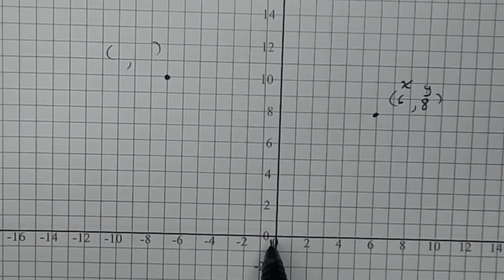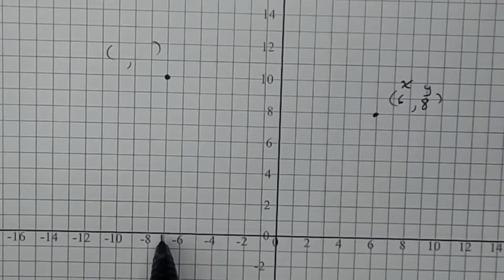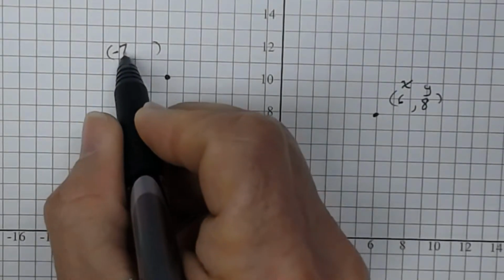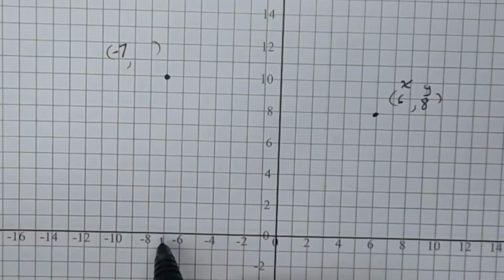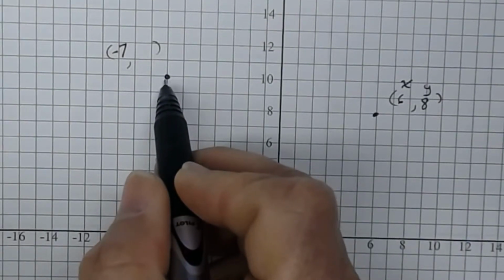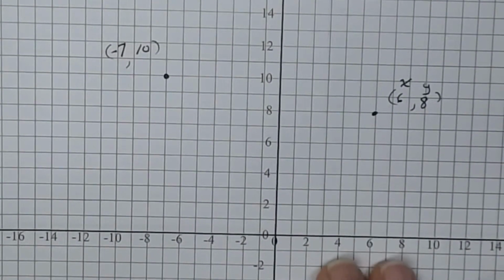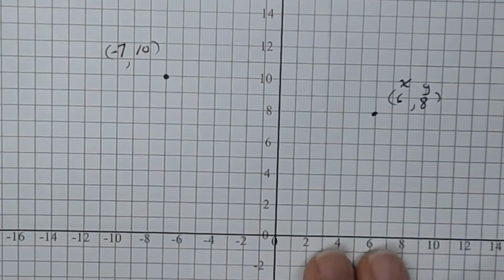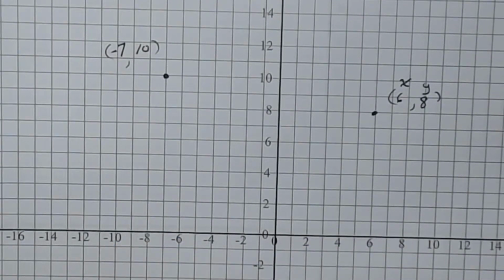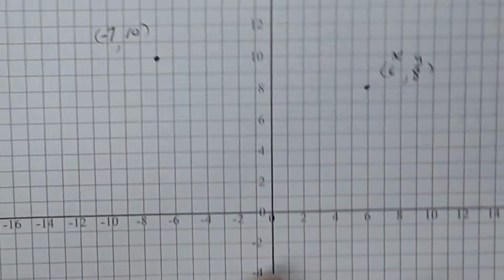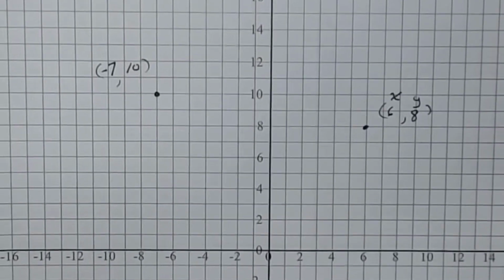This time I'm going to the left, that's -6, -7, so my x-coordinate is -7. And I'm going up 10. Remember, when you go right, it's positive; go left, it's negative. You can even look at your axes: these are positive numbers, these are negative numbers. When you go up, positive; down, negative.